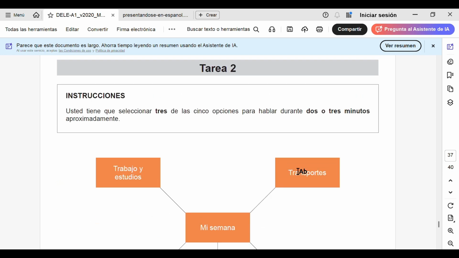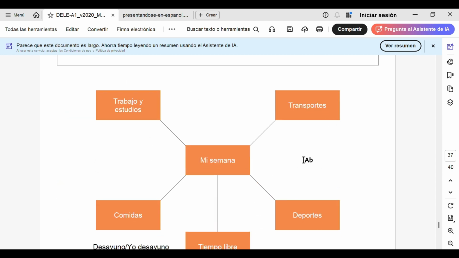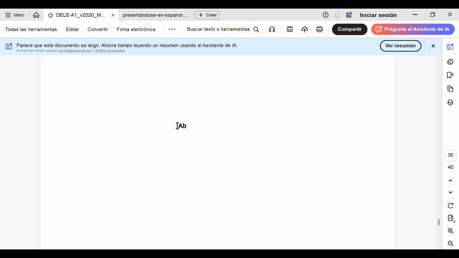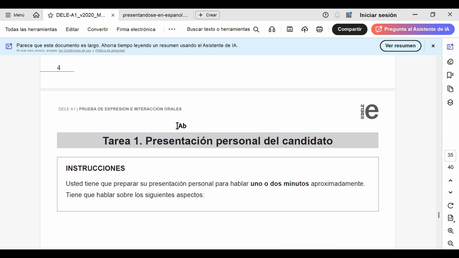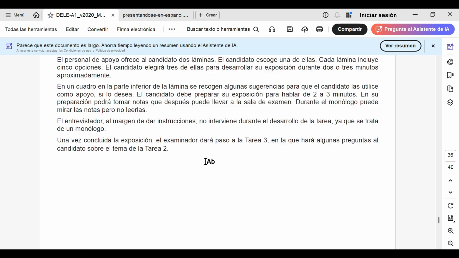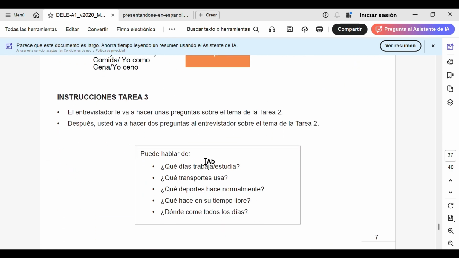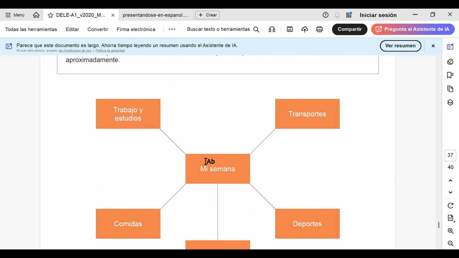So take a look in what you already prepared. And then, for this task number 2, remember that you also prepared during the preparation time. You need to be preparing for both tarea 1 y tarea 2 in the preparation time. So, okay, be wise with your time. So you take the notes and you can also bring them into the examination room, which is perfect.